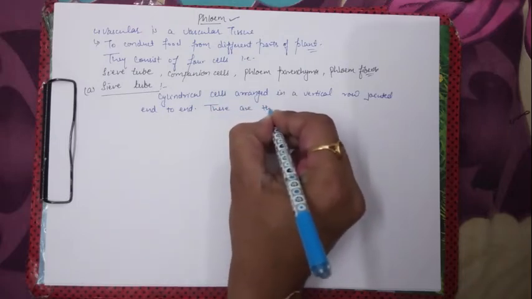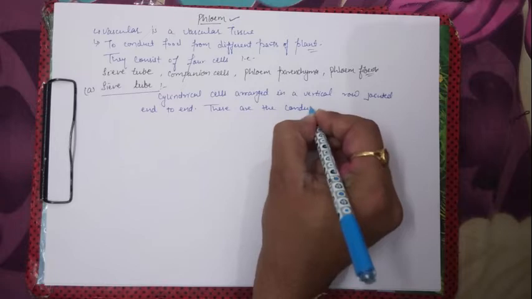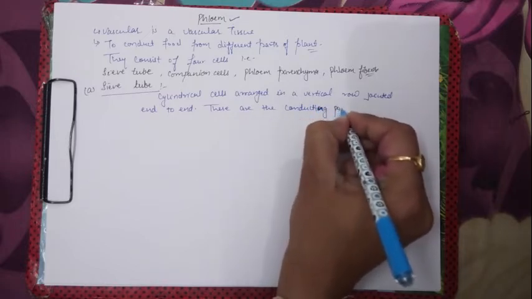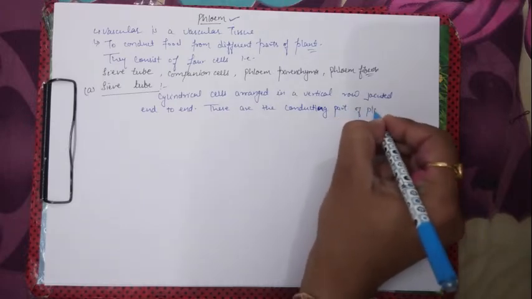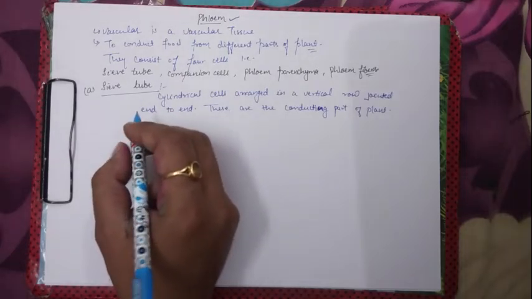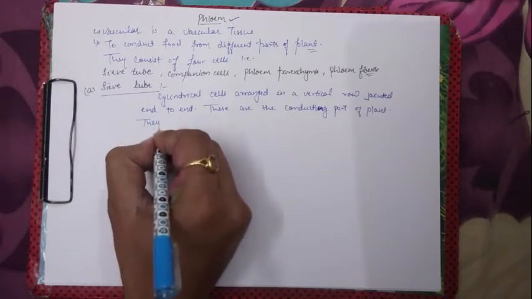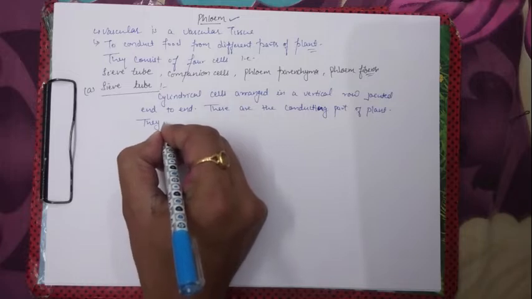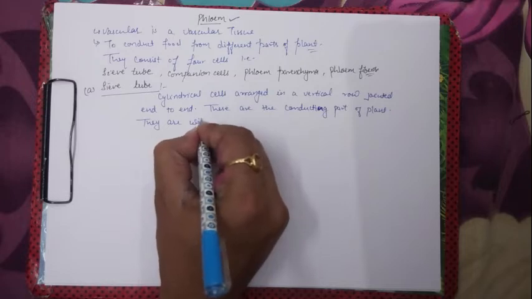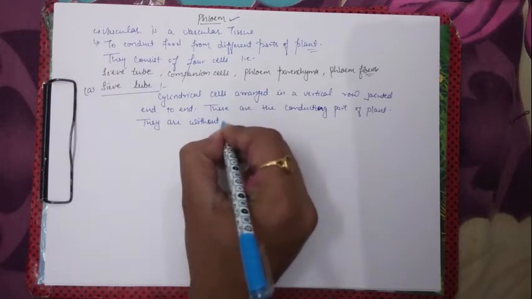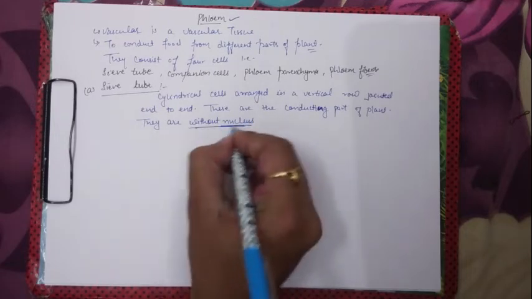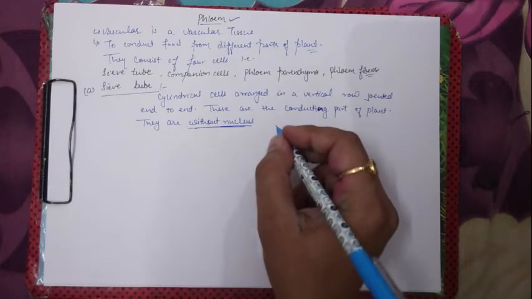These are the conducting part of the plant. They are without nucleus. It's an important point here. They are without nucleus.